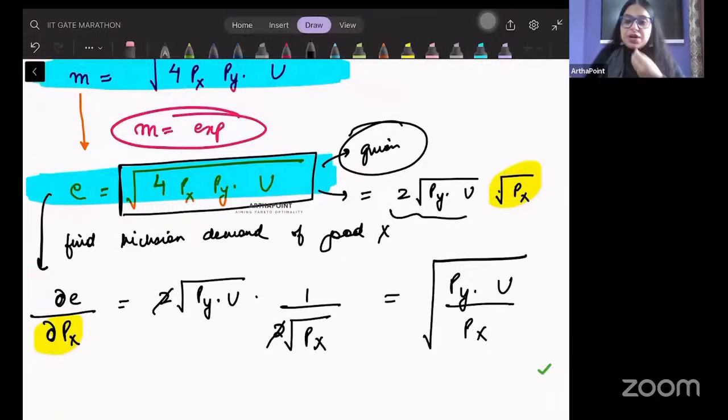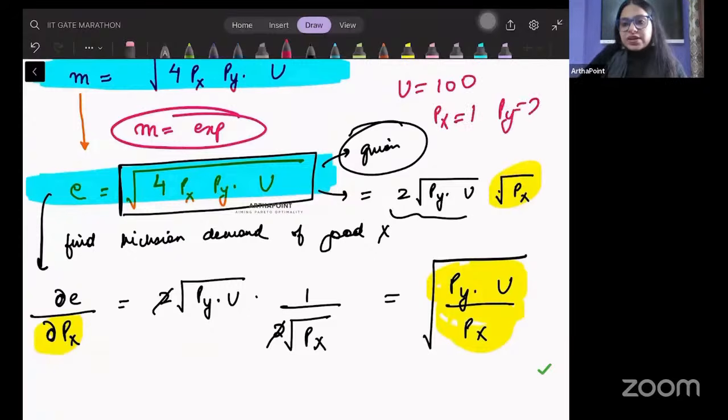So Hicksian demand is also called compensated demand. It has to be a function of prices and utility. Sometimes in the exam, they can ask you to calculate this also. They may say, assume that the utility is 100, the price of good X is 1, the price of good Y is 2. Calculate the Hicksian demand.